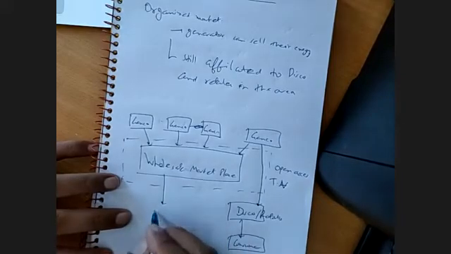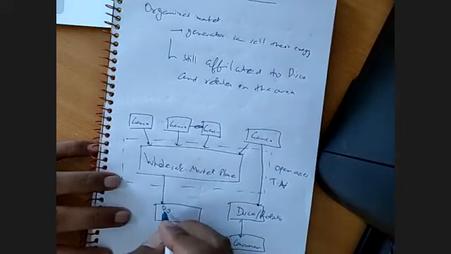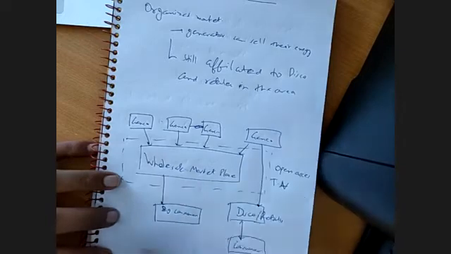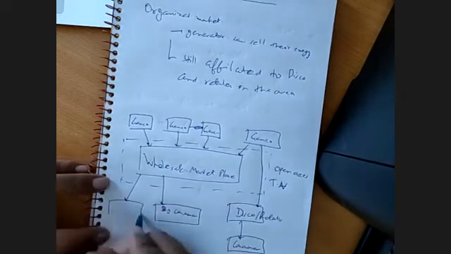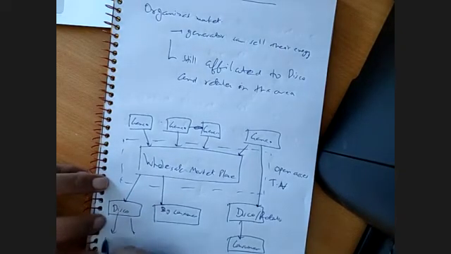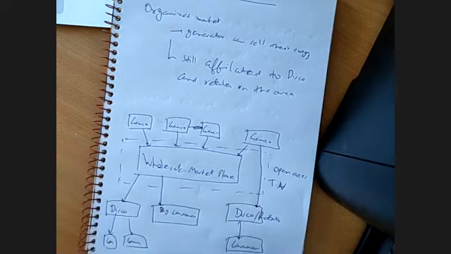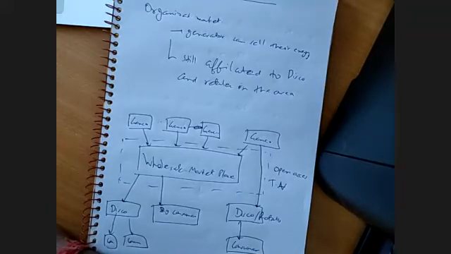And here we have an option that from this wholesale market, the big consumers can directly purchase the power. And the third option is we have discoms which will be distributing power to the consumers. So this is the basic model of the wholesale competition model.